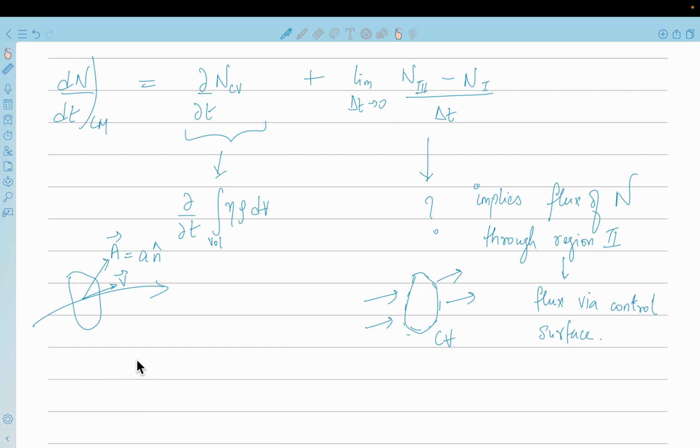Flux is whatever your quantity is moving across the area because of the velocity. So you will always find the flux is A dot V, multiplied by the quantity. The quantity is eta into rho. And this has to be integrated over the entire area. So you can take an elemental area dA and integrate this. So this is essentially the flux.